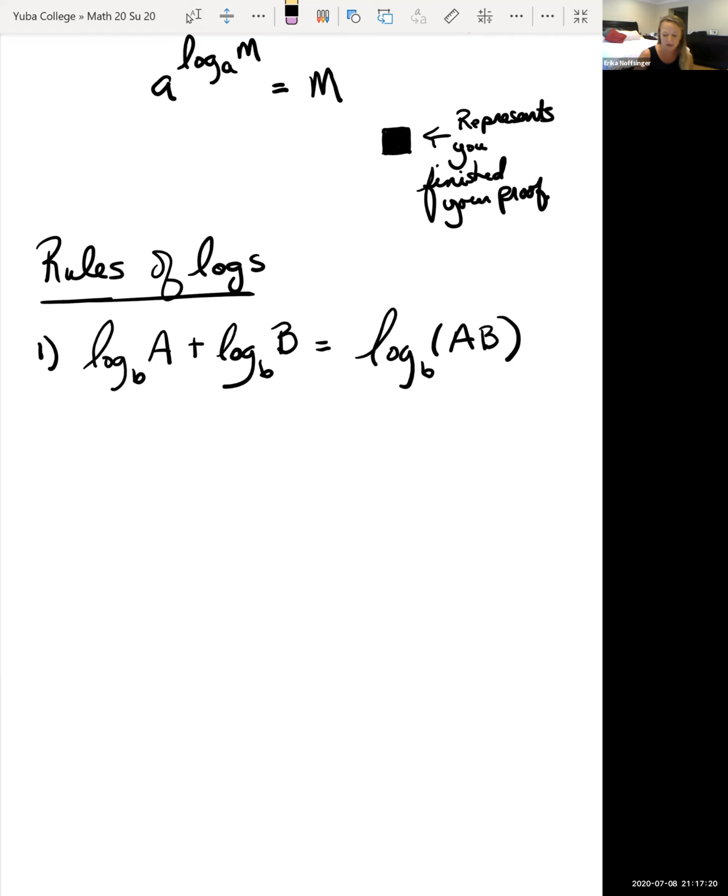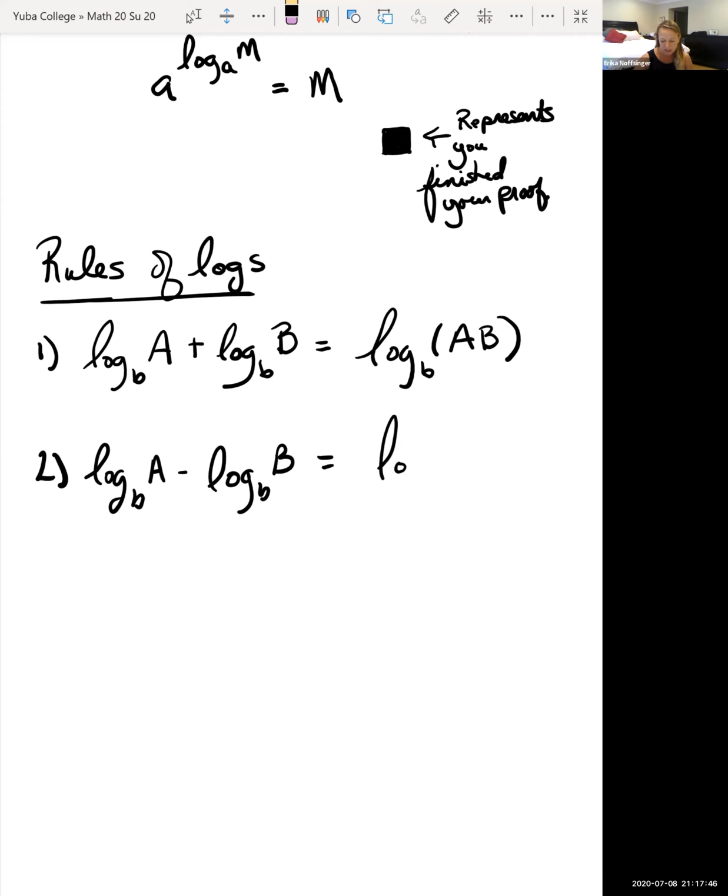So log base b of a times B. So here's the example of a sum of logs going to a more complicated log, or a more complicated log going to a simpler sum of logs. Another one is if you have subtraction in between the two logs, we can rewrite this.